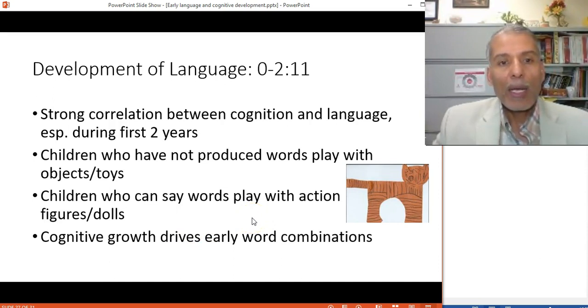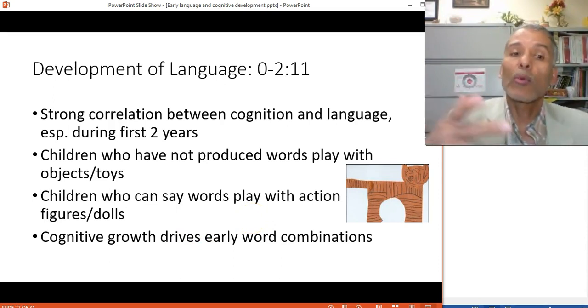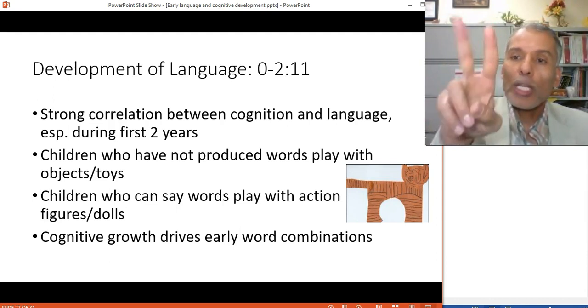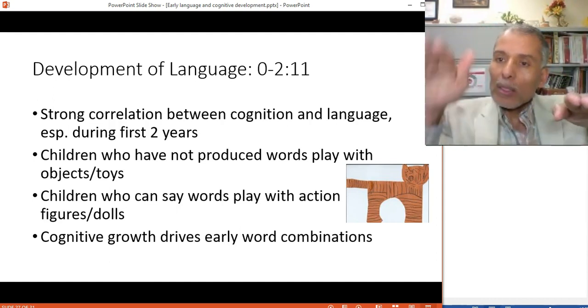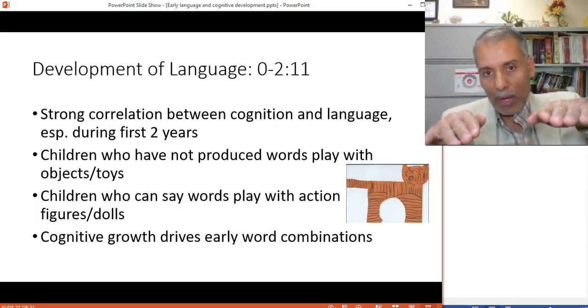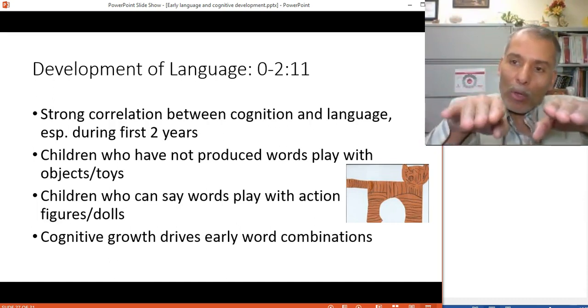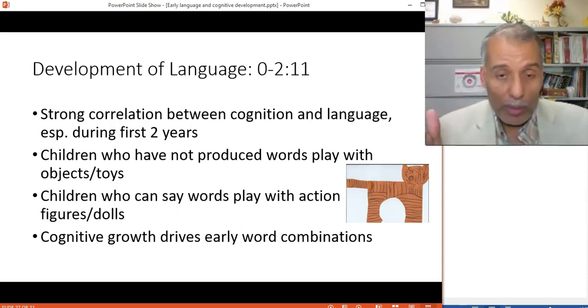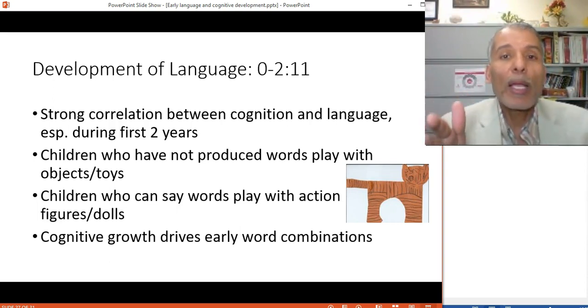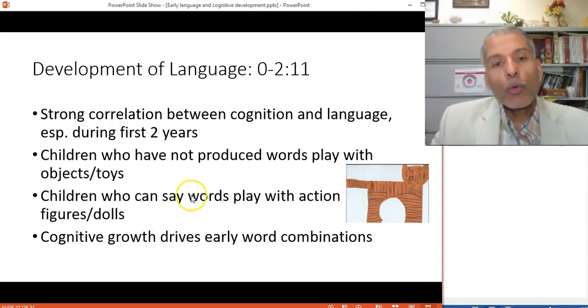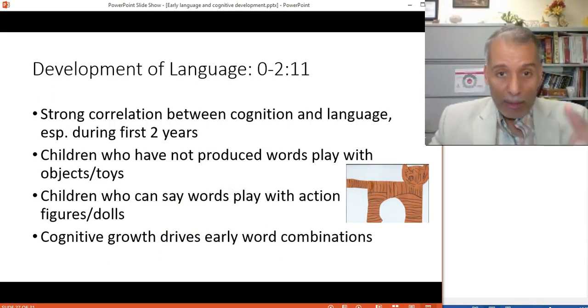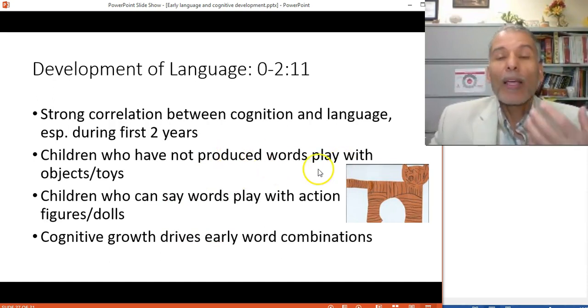There is a strong correlation, of course, between language and cognition during the first 2 years. Language is dependent on cognition: the higher the cognitive skills, the more language skills you develop. And we are speaking about a normally developing neurotypical child. So children who have not produced words, who are still at a basic level, like to play with objects, toys, nouns.